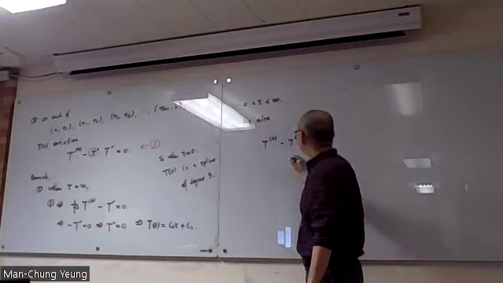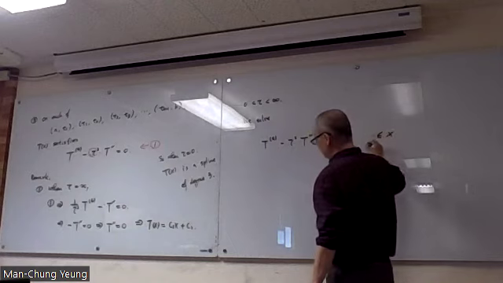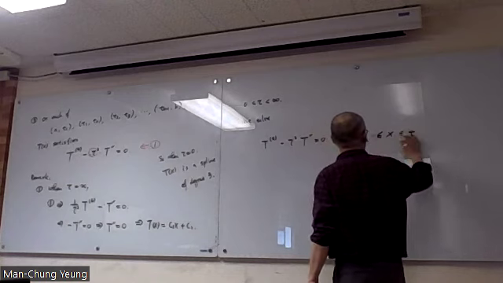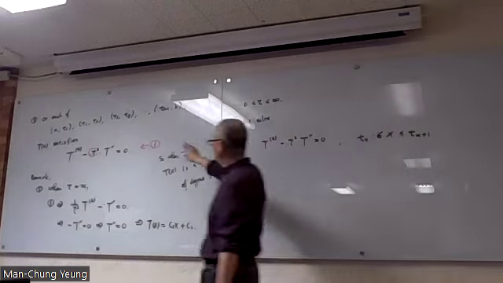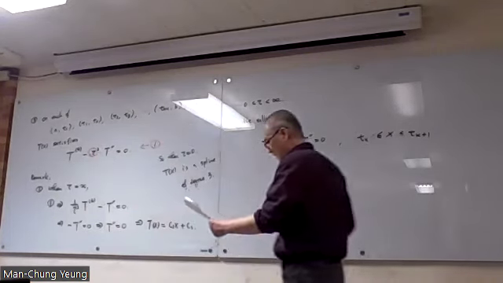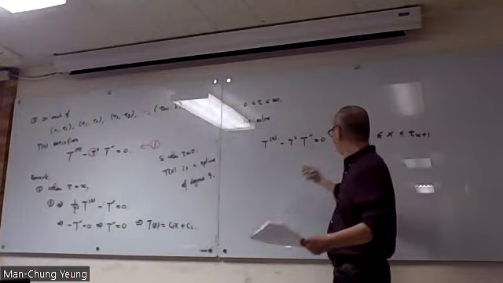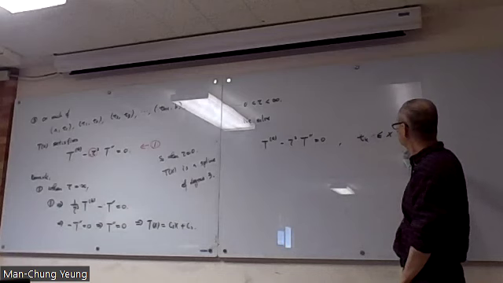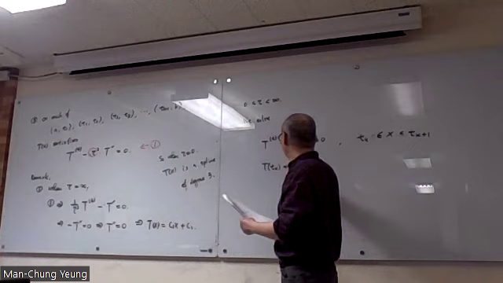Say x is between tk and tk plus 1. Over this subinterval, t satisfies this equation, and at the boundary of this interval, t at tk is beta k.